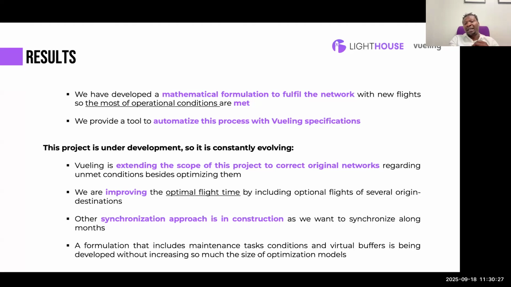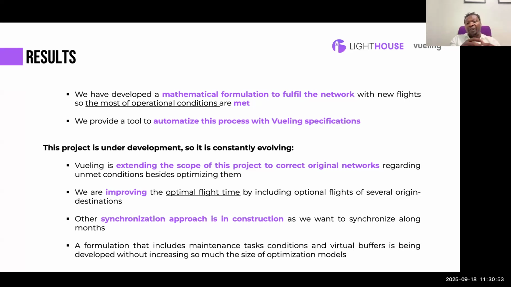And they provide tools that we are achieving here to automate this process with Vueling specification is achieved. Okay, let us say that the project is still under development, but the extending of the scope of this project to correct the original work is faced.